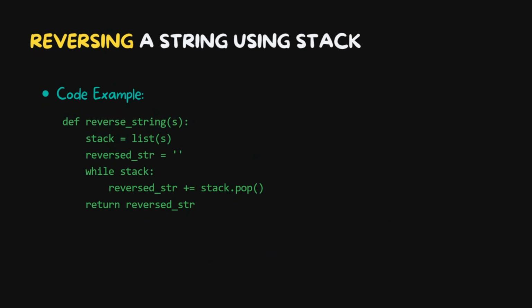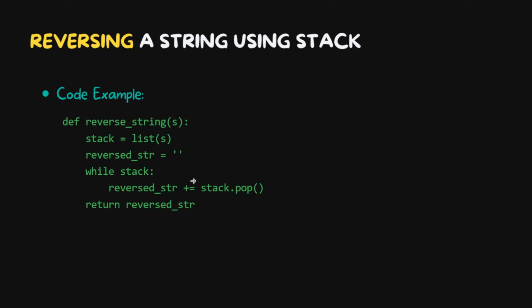Here's how this works. We convert the string S into a stack by turning it into a list. Each character in the string is now an element in the list. We initialize an empty string, reversed_str, to hold the reversed string. Then we enter a while loop that continues as long as the stack has elements.